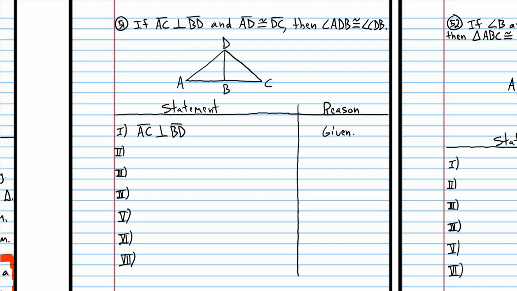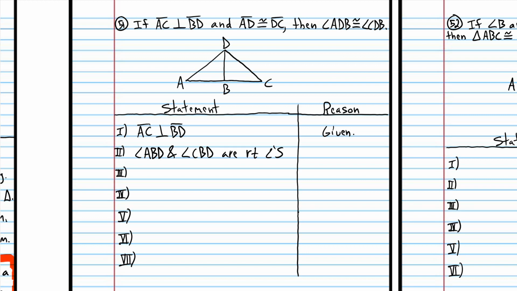Now, if they're perpendicular, then remember, by definition, that means angle ABD and also angle CBD are right angles.